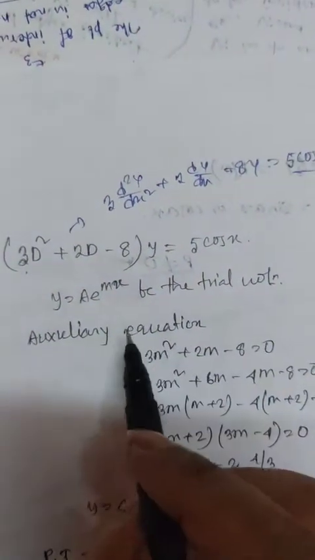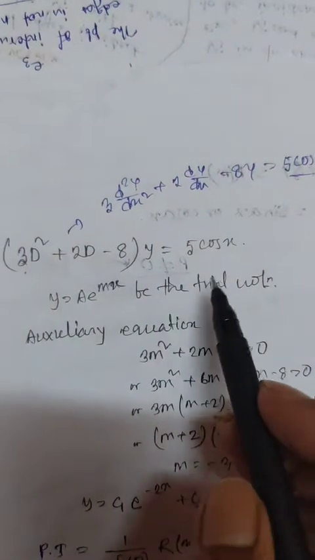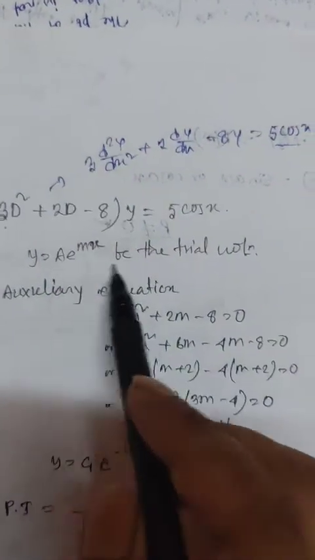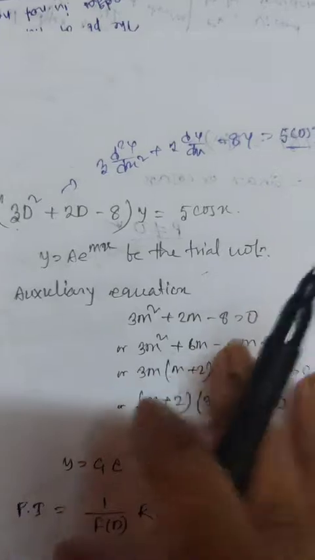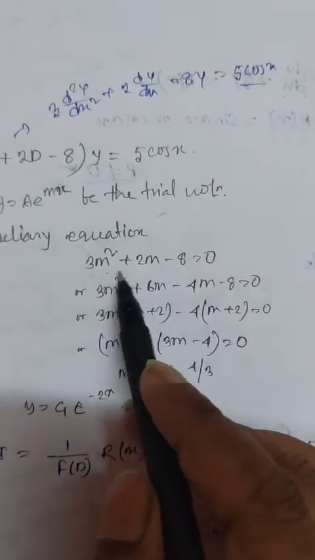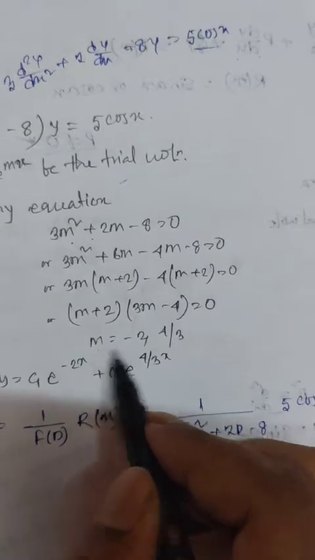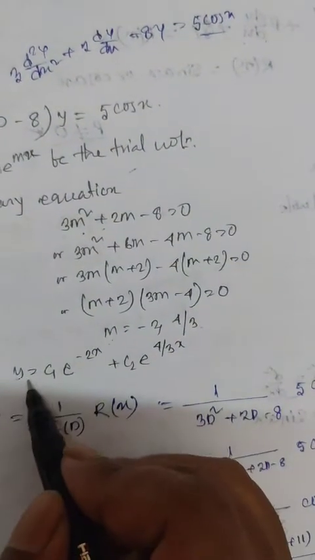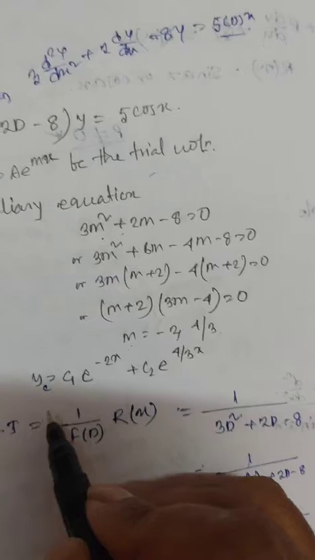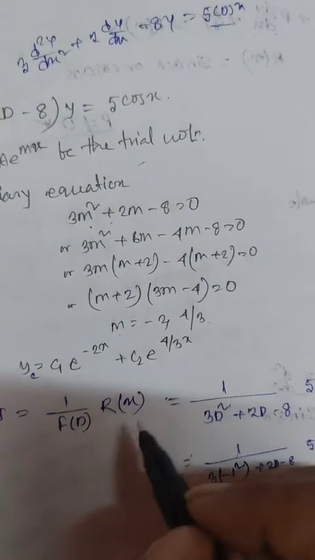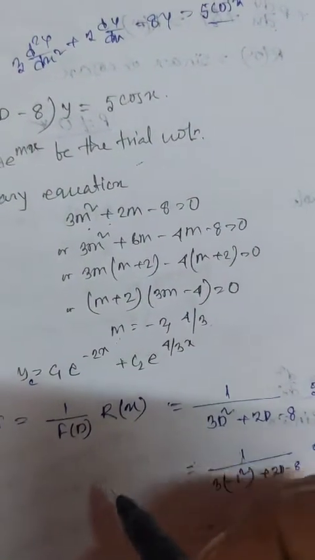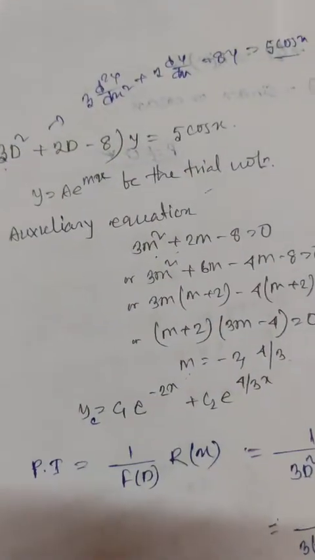First we have to find the auxiliary equation. Let y equal a e to the power mx be the trial solution. So the auxiliary equation is 3m square plus 2m minus 8, and if we solve it we get m equal to minus 2 and 4 by 3. So the complementary function yc is equal to c1 e to the power minus 2x plus c2 e to the power 4 by 3x.